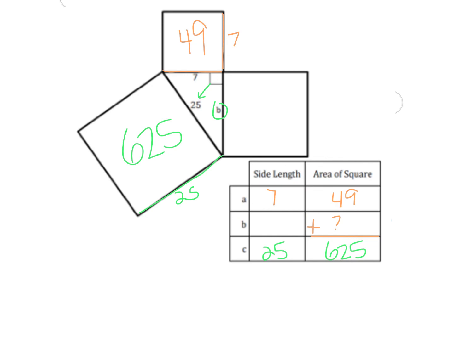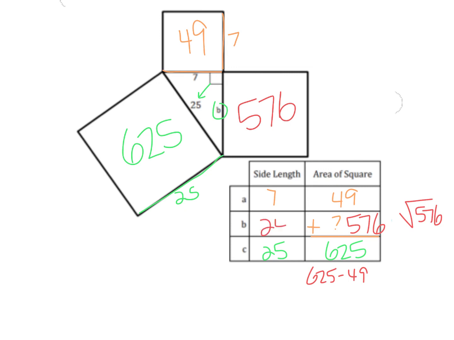So I do 625 minus 49, and I get 576. Again, that one's not on my perfect square list. I know the area of this square is 576, so I need to know what side length that is. I go to my calculator and type in the square root of 576, and lo and behold, it's actually a perfect square.